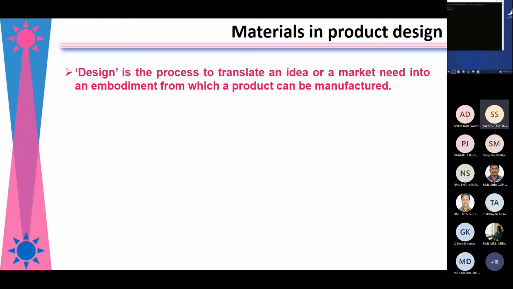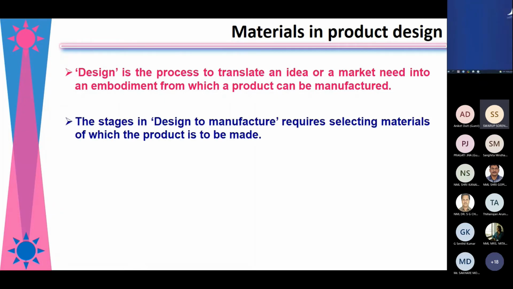Obviously, the idea is coming from the market need. You do a market survey, and we come to know that something is required in the market for better economic growth of the company. And then with that idea we start, and finally embody the idea into some kind of prototype, and finally a product to be manufactured using materials and processes. And then the stages in design to manufacture require selecting materials of which the product is to be made.